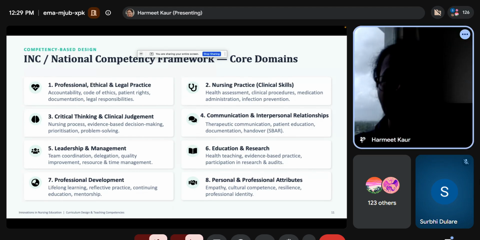Very, very important. Then communication and interpersonal relationship, because communication is very important when you are in hospital.